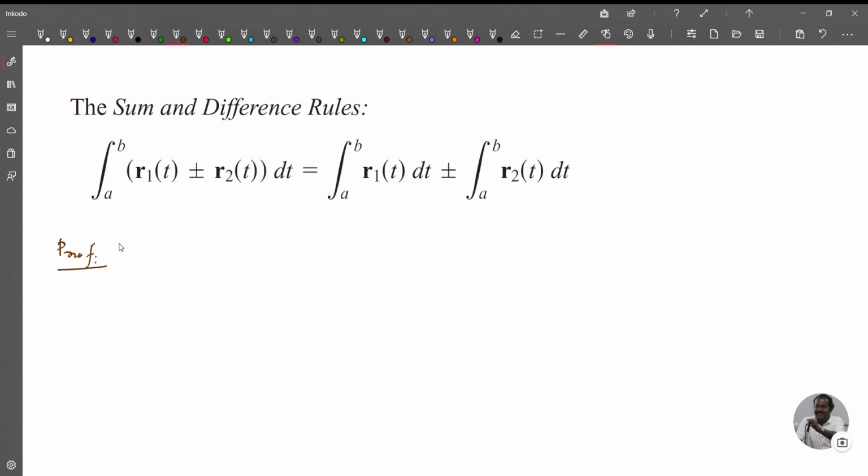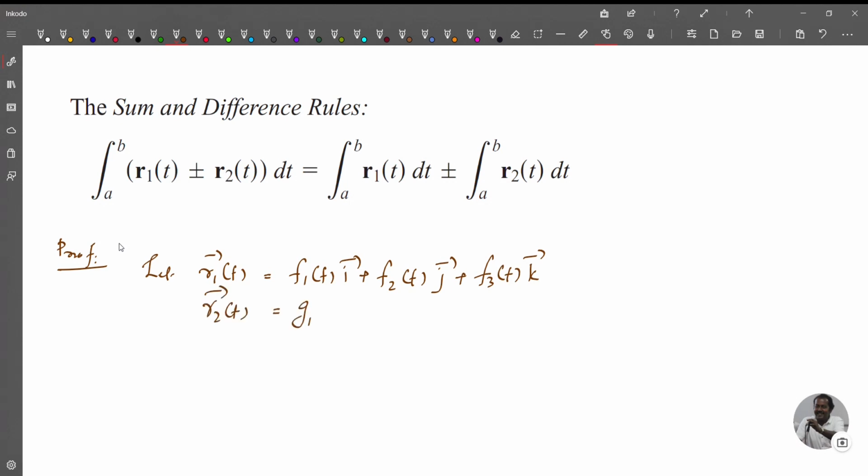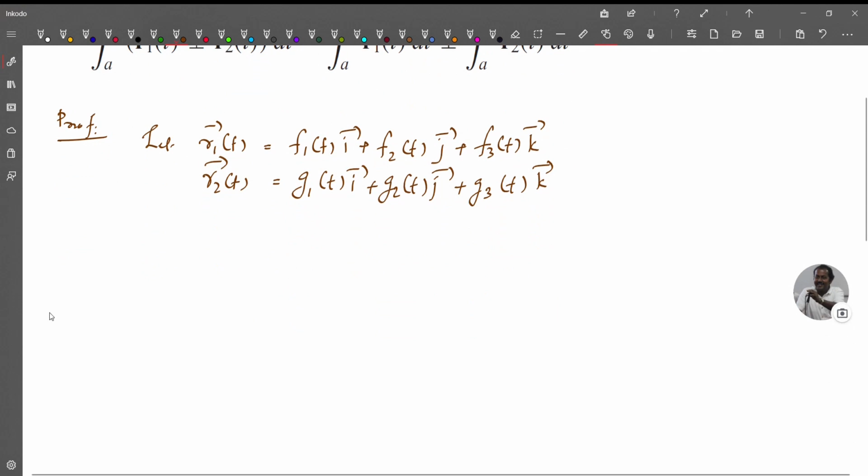Prove. Let r1 of t equal to f1 of t i plus f2 of t j plus f3 of t k and r2 of t equal to g1 of t i plus g2 of t j plus g3 of t k, where g1, g2, g3, f1, f2, f3 are real functions.